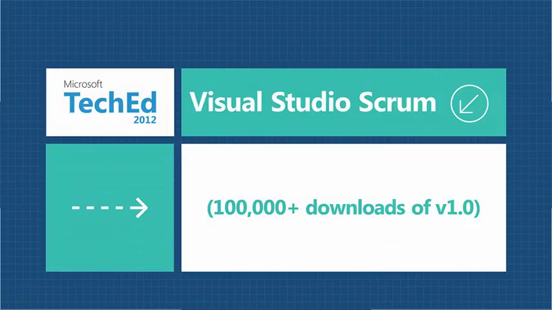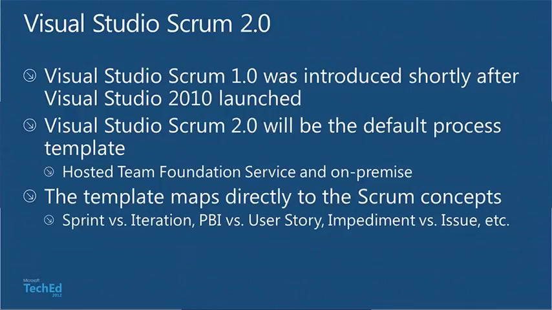So Visual Studio Scrum 1.0, we've talked about where 2.0 came from. 1.0 got over 100,000 downloads, which is pretty good when you think it wasn't part of the product. So it was a subsequent release, you had to go and get it to install it, and over 100,000 people did that.